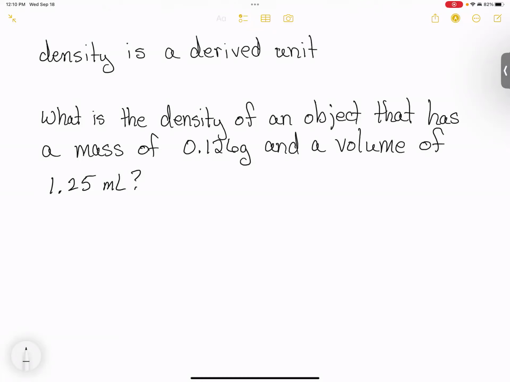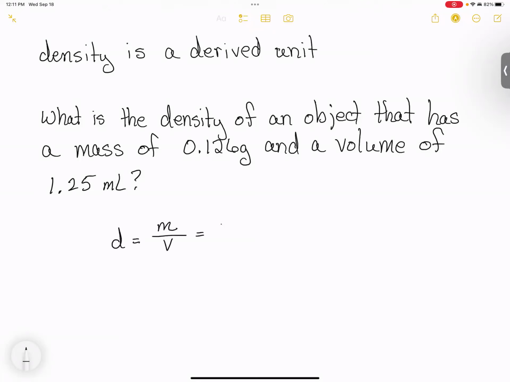For this particular calculation, it is simply using the equation for density. Density, which is often represented with a lowercase d, is equal to the mass divided by the volume.